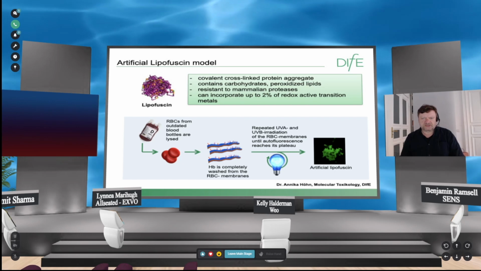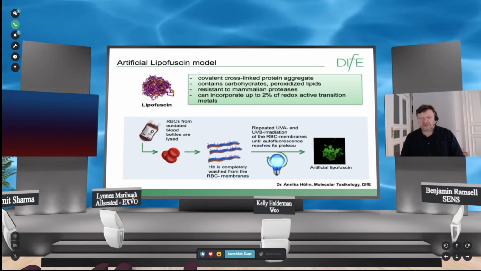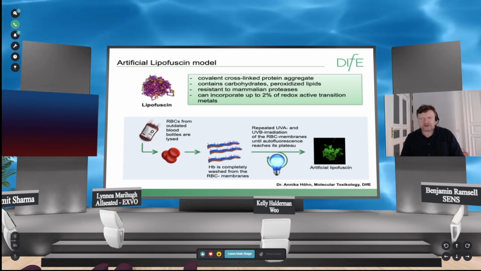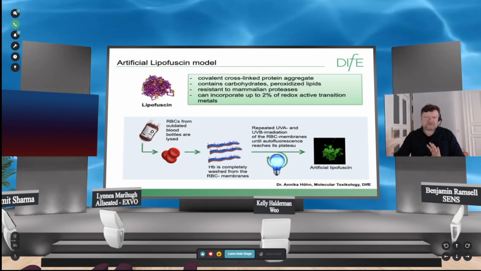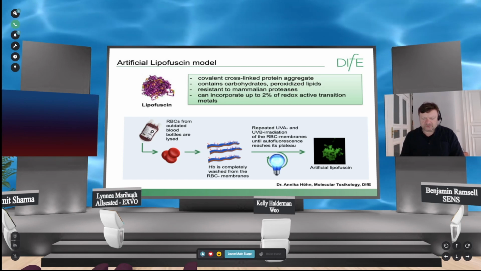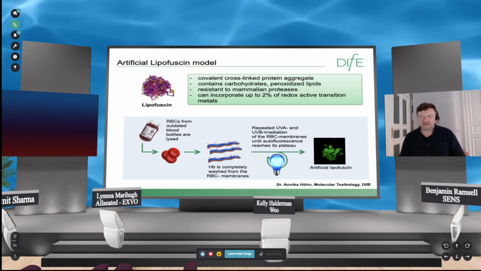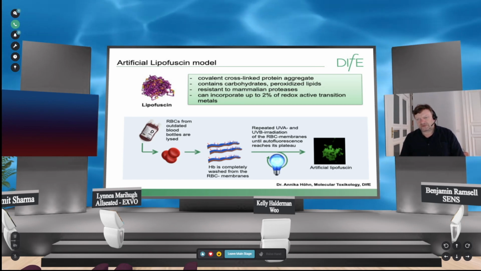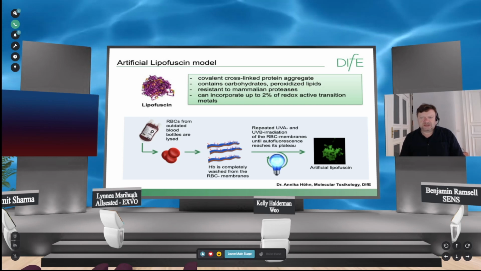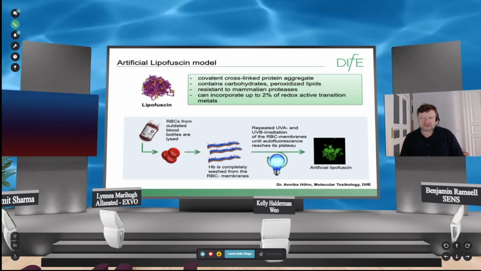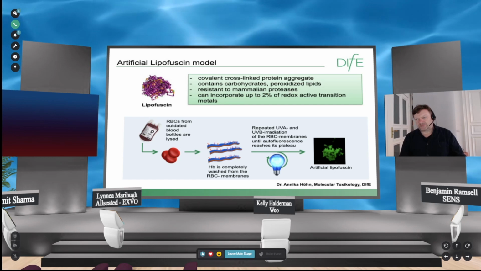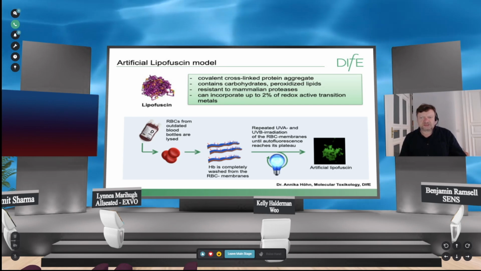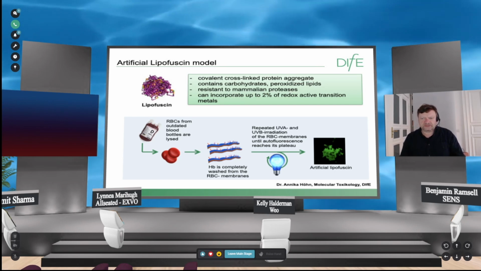We took a mixture of UVA, UVB, and damaged them beyond peroxidation. So it's far beyond what normally is done, and you form some structure which we called artificial lipofuscin, and this material is, in structure, in size, and in spectral characteristics, much like the naturally occurring lipofuscin.